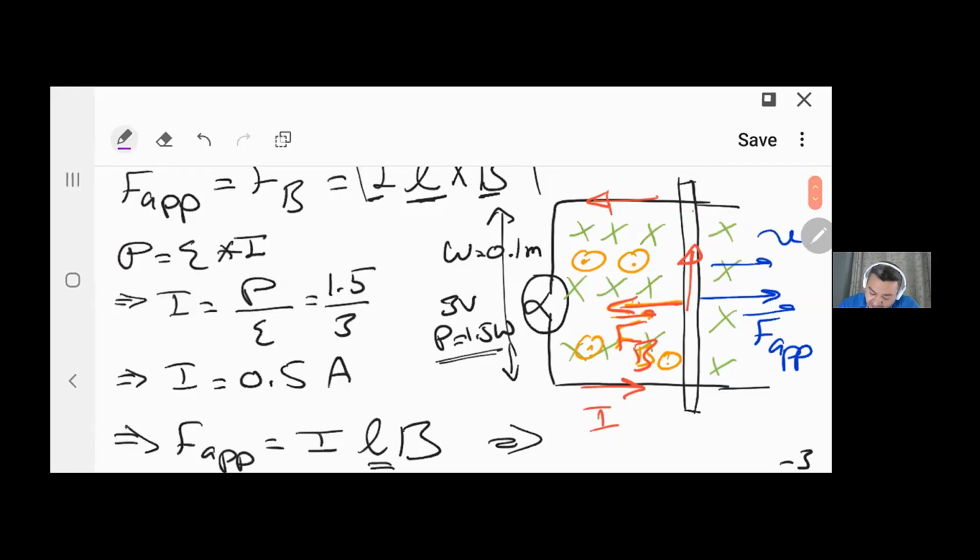This is my L. And L here is W. The magnetic field is already there, into the screen. The green crosses are the magnetic field into the screen. The orange is the opposing magnetic field.